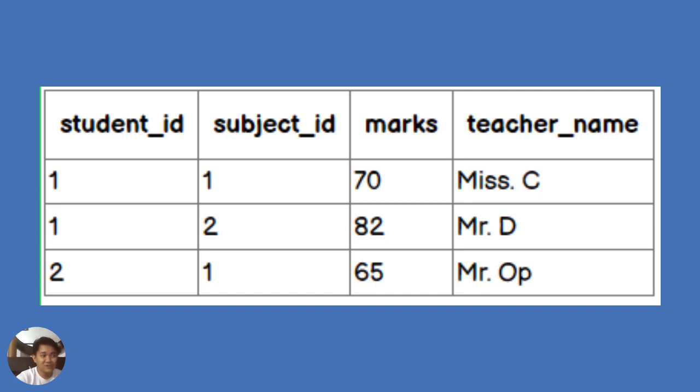So what you should do is compare these non-prime keys to the primary keys, if it has a relationship. In this next non-prime field, we have teacher name. Is teacher name dependent on subject ID?